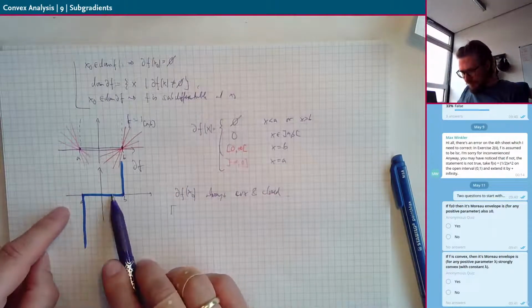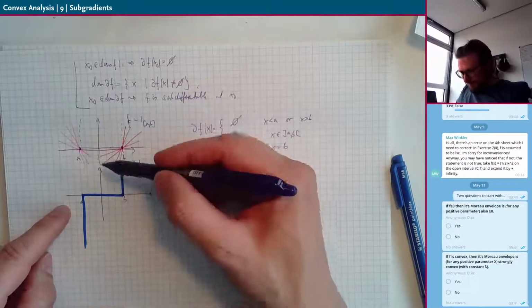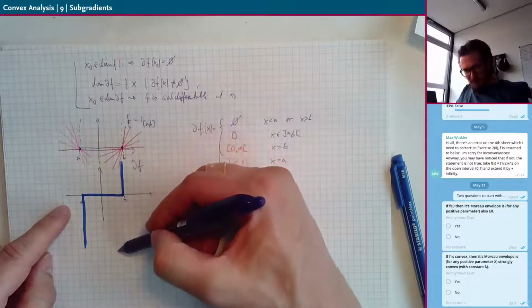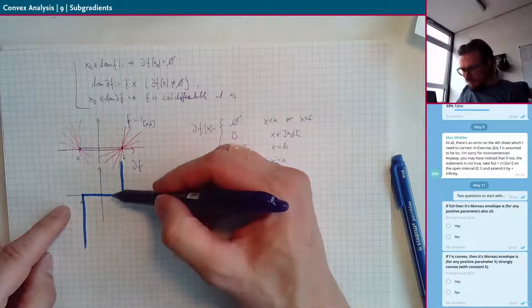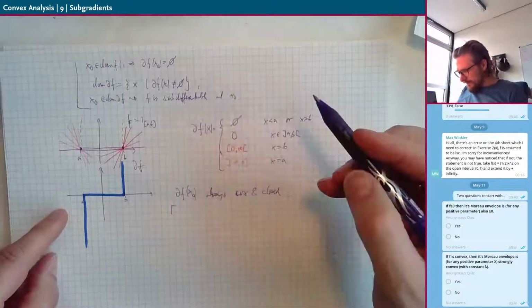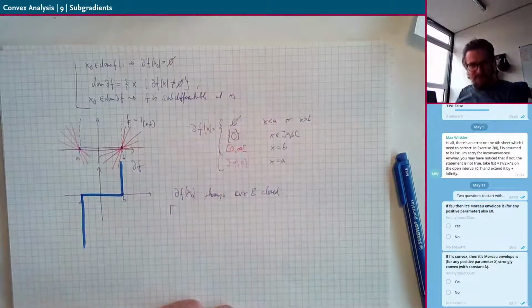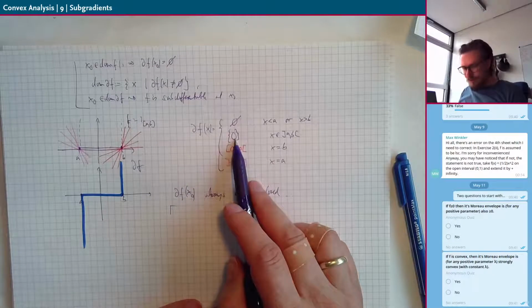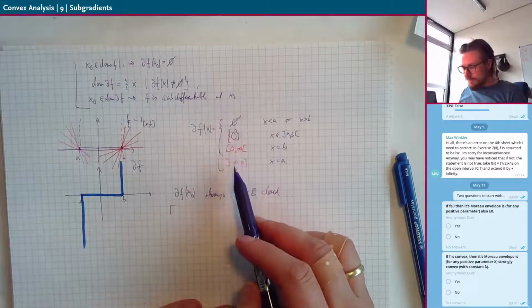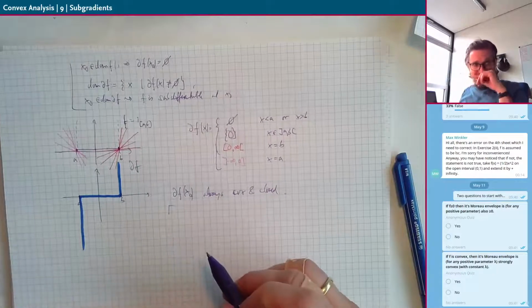You pick an x0 and look at how this vertical plane intersects with this graph here. And actually, this was wrong: at this point, I should have written a set which contains 0. Of course, this is convex and closed, this is convex and closed, that's convex and closed. In all cases, that's true.